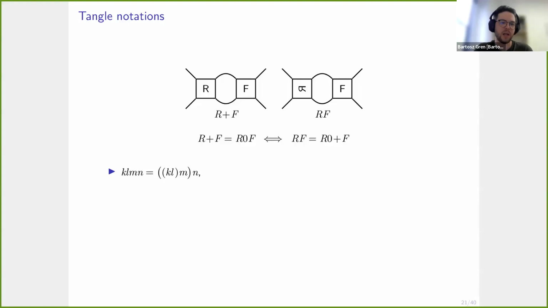For example, this KLMN can be divided into tangle KLM and N, and tangle KLM into KL and M, and of course KL into K and L, and it's an unambiguous operation.